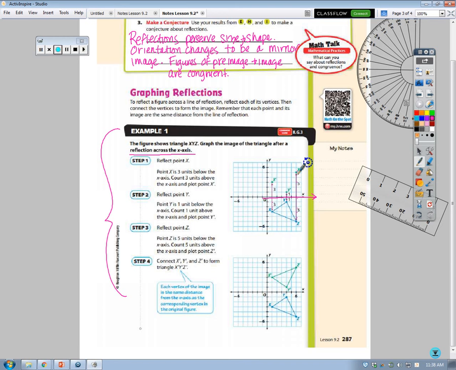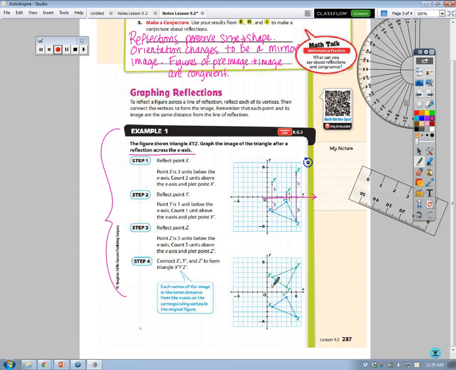Once you do that, you're going to connect your points, X prime, Y prime, Z prime. Make sure that you're using that prime notation, and double check that each vertex is the same distance from pre-image to image across that line of reflection.